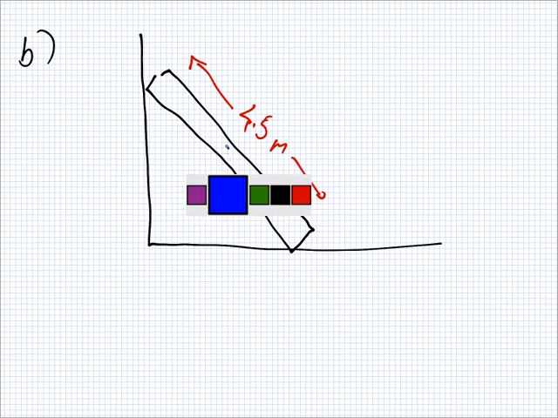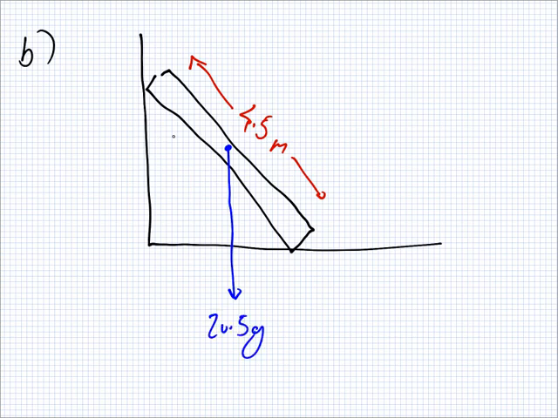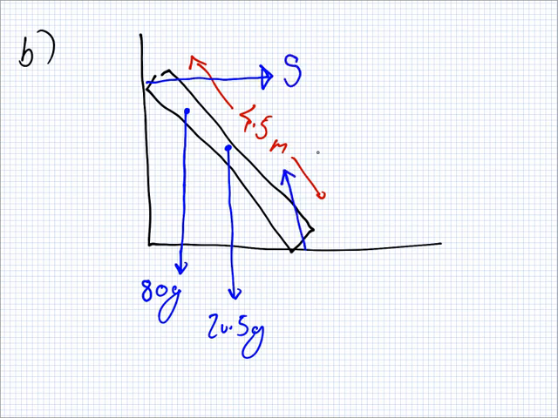So there's a weight here of 20.5 g, and there's another force here, 80 kilograms, 80 g. And there's a force against the wall here, which I'll call S, and there is a reaction force at an angle, which I'll call R, and they are looking for the horizontal and the vertical component of this force.